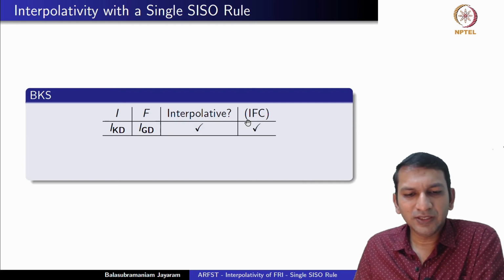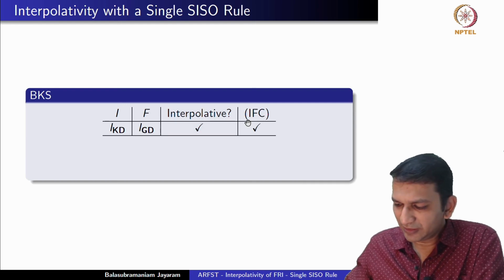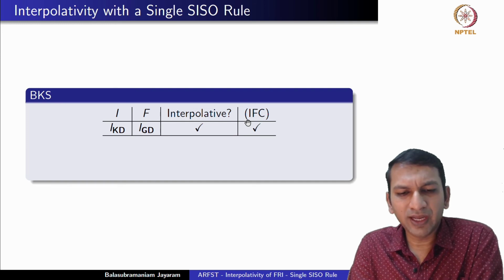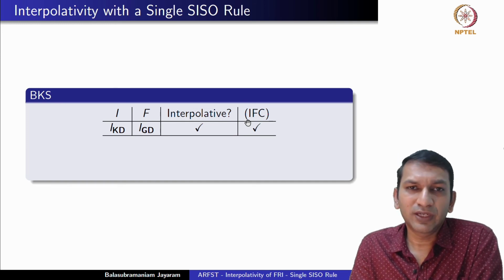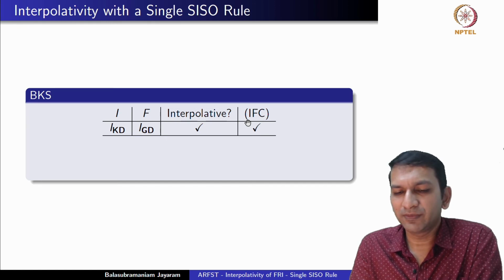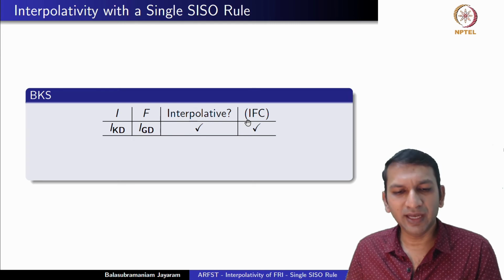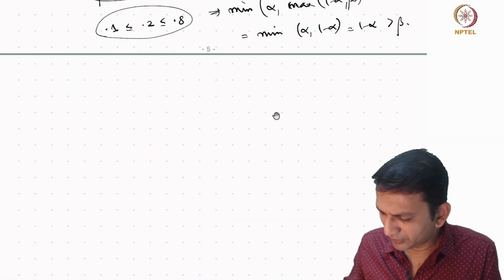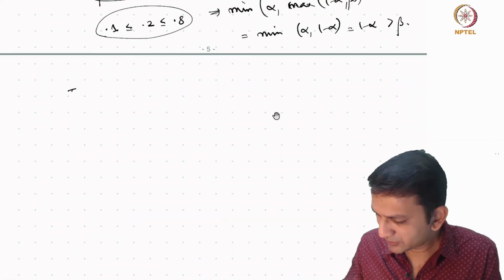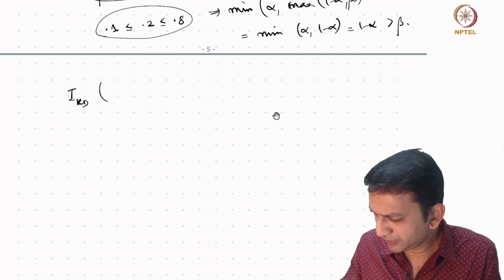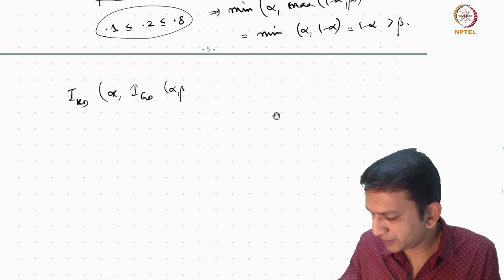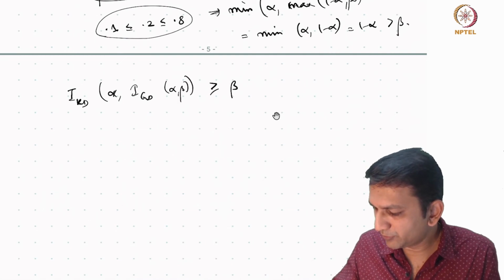In the case of B case, we have seen that if we consider Kleene-Dienes for I and Gödel for F, we obtained that for the considered A and B it was interpolative. We will show it does in fact satisfy this inequality IFC. It's quite easy to see. So what we need to show is IKD of alpha and I Gödel of alpha comma beta is in fact greater than or equal to beta for every alpha beta element of 0, 1.